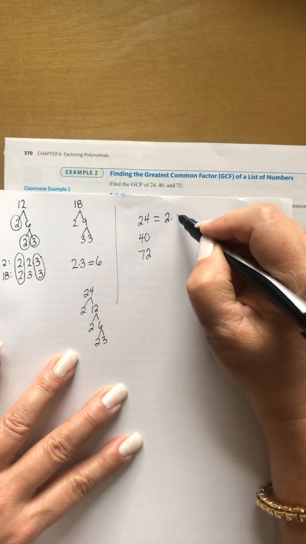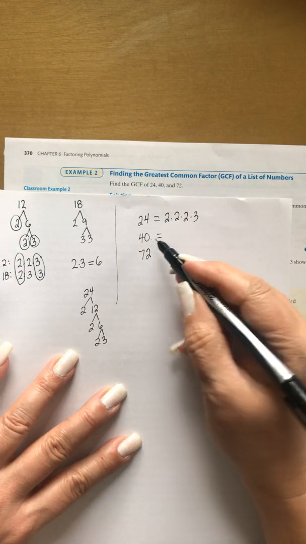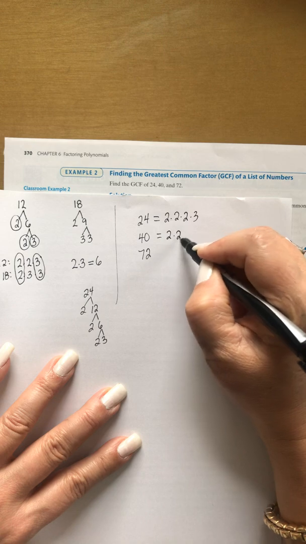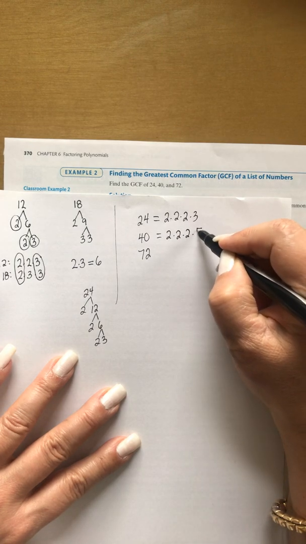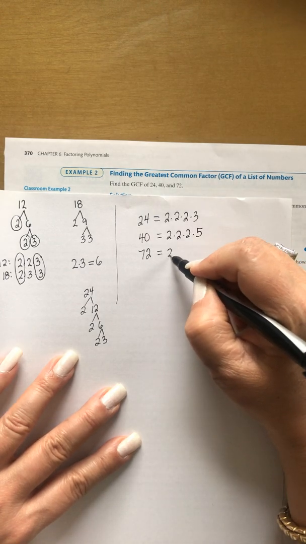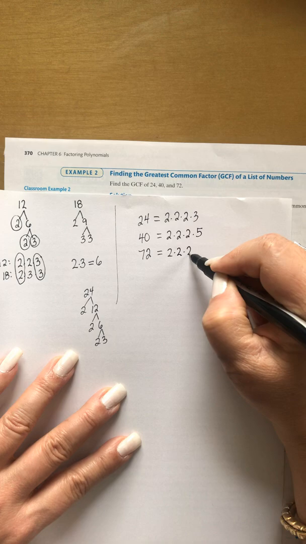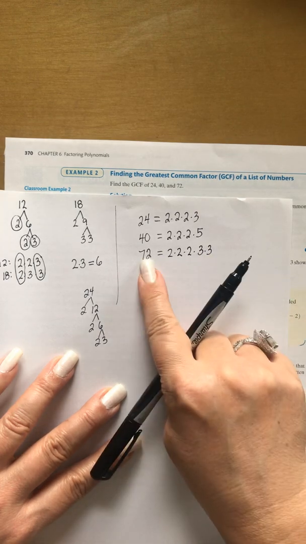So 24 is 2, 2, 2, 3. 40 is 8 times 5, and 8 is three 2s. And 72 is 8 times 9.